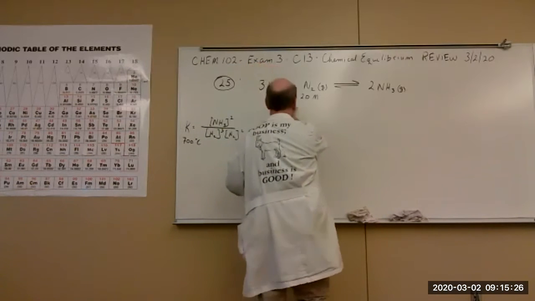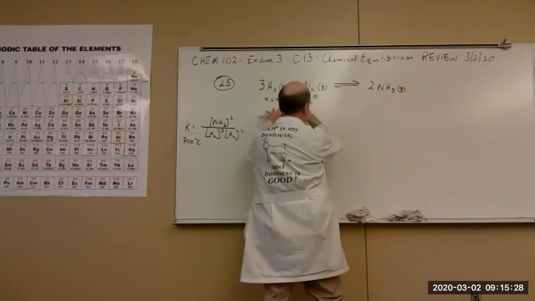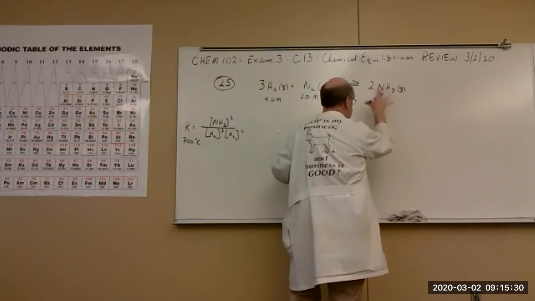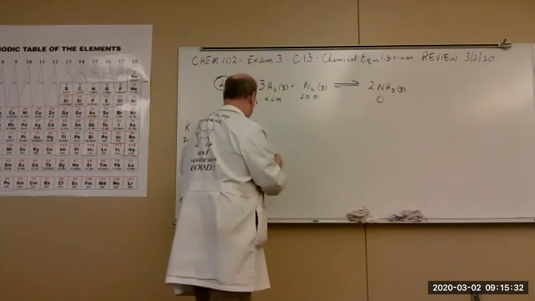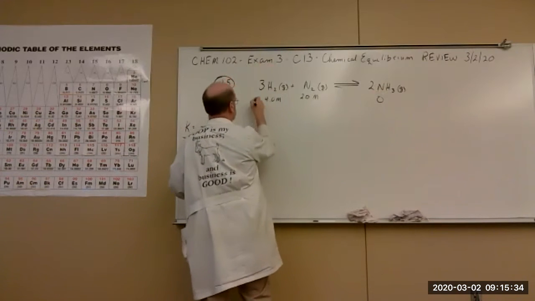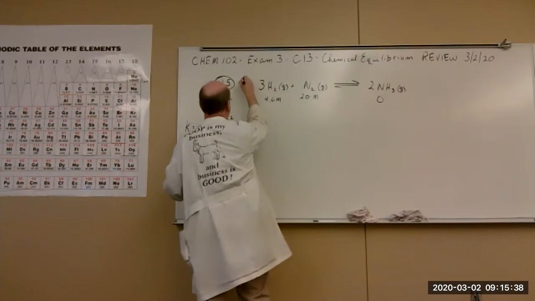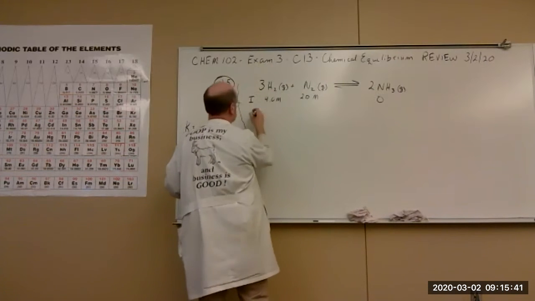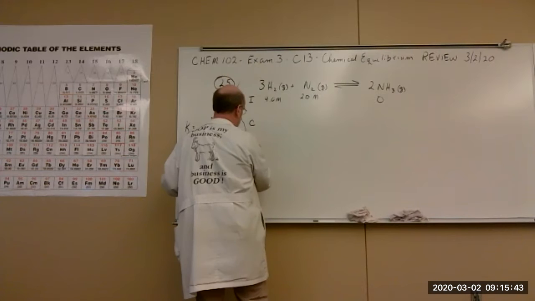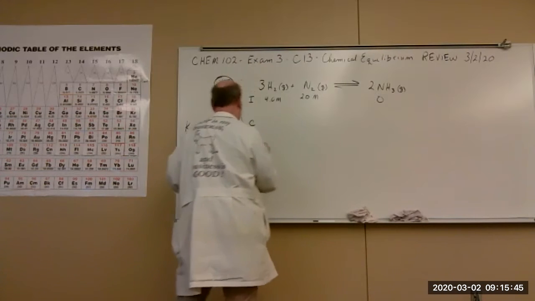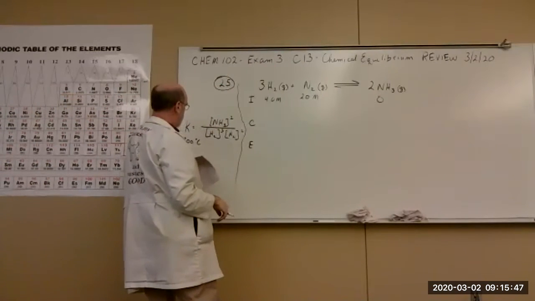These go into the mixture in the beginning, so that means there's none of that. All right, so this is our beginning situation. Then we're going to have change and equilibrium, and we need to find out the equilibrium in order to calculate the K value.